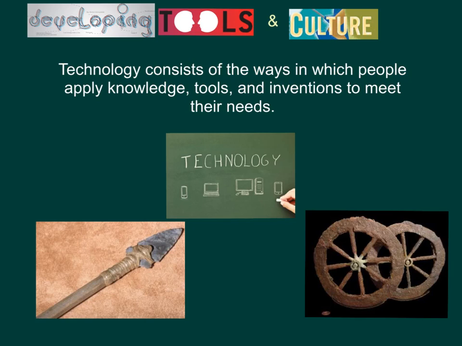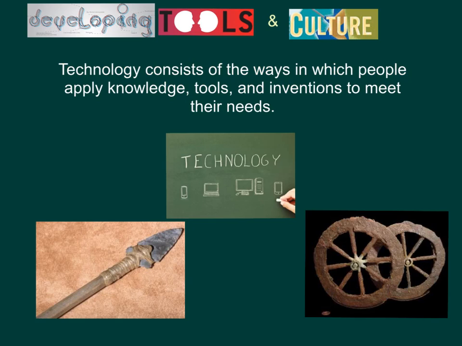Now, of course, today when you hear the word technology, you think of computers or iPads or smart boards or whatever device you have. That's technology. But technology was even around back in the prehistoric BC days.